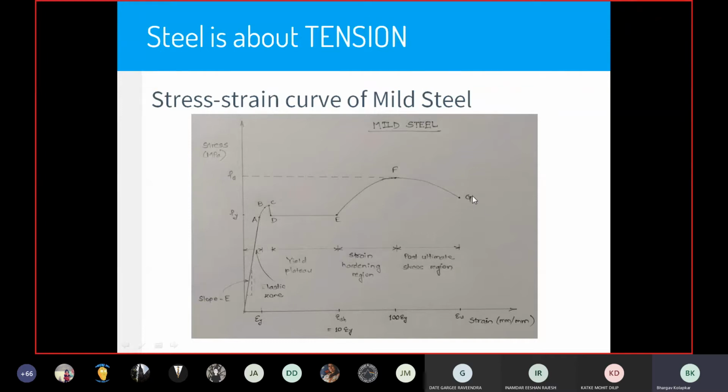And point G is called the breaking point, or the point at which the material has ruptured. Okay. Now, if you notice one thing, Fy corresponds to epsilon y, but Fu does not correspond to epsilon u. Do you understand what I'm saying?